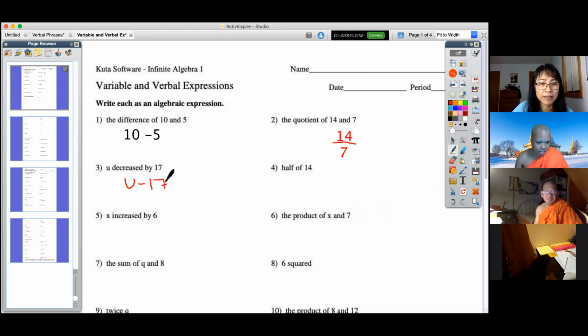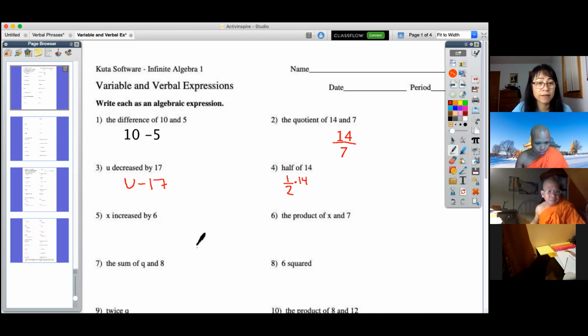All right. Yeah. What about half of 14? This is a half. Okay. The word off. What does the word off mean? Add, subtract, or multiply, divide? Off means multiply. Good. Multiplied by 14. Yes. Okay. So that's what it is.